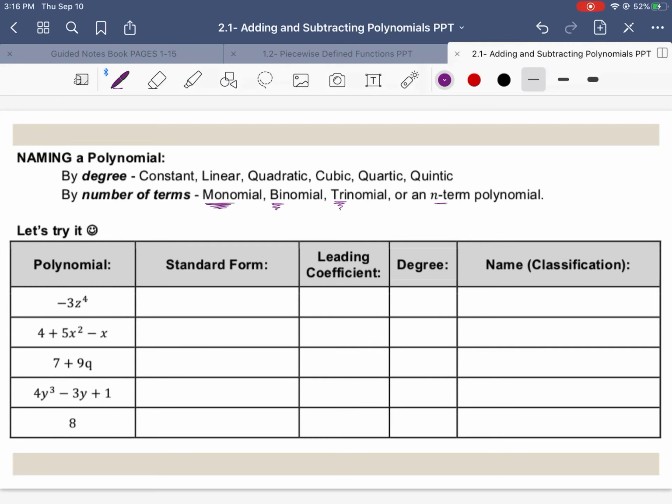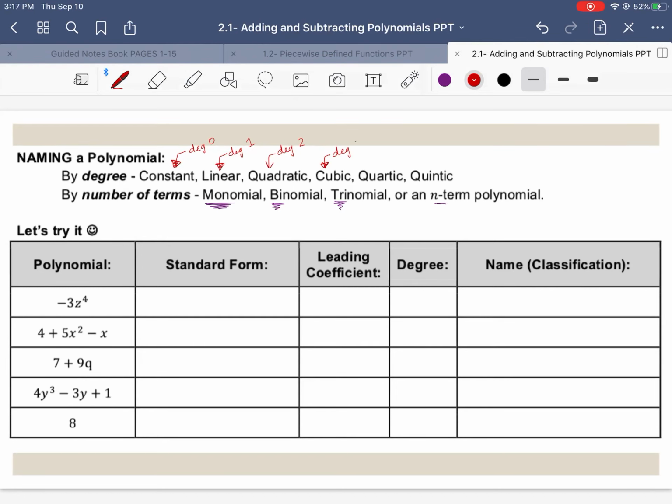We also then look at the degree. So we just talked about degree. If the degree is 0, there's no variables, then we call this a constant polynomial because it stays the same value all the time. If it's linear, the degree is 1. That would make a straight line. If it's quadratic, it has a degree of 2.